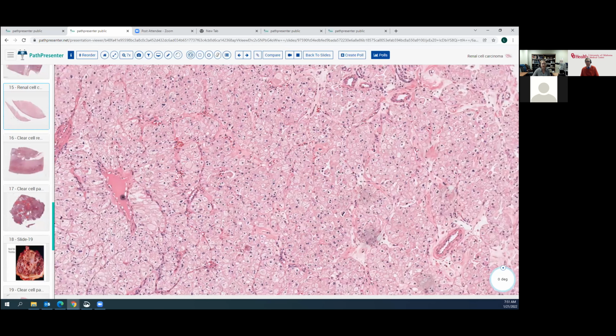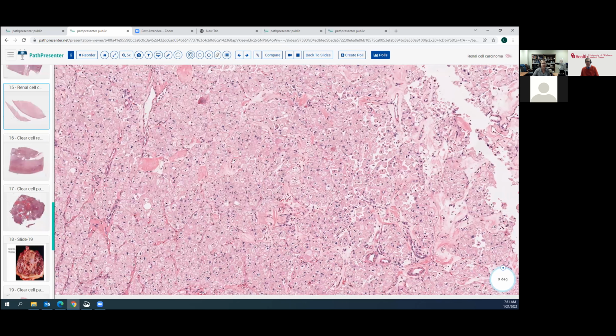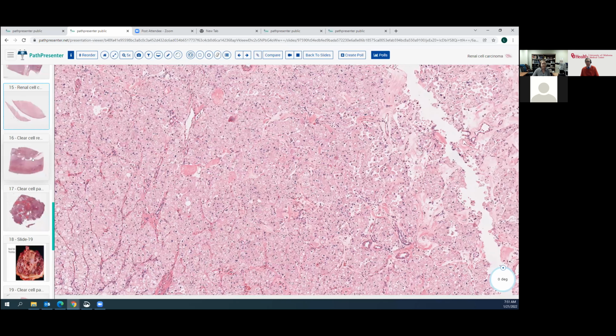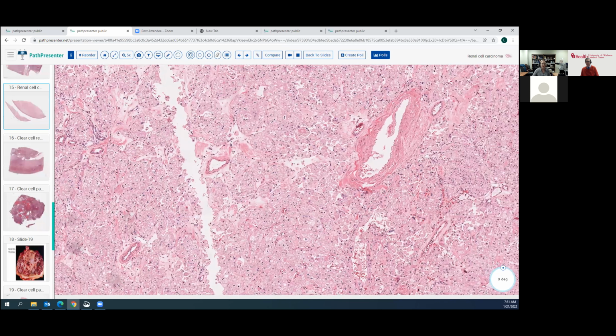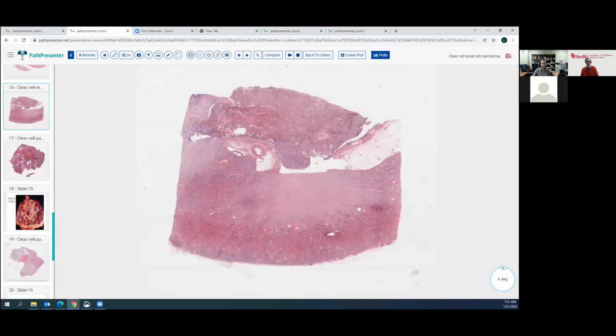There can be some binucleation, so just appreciate that and do your stains if there's any concern that this could be a chromophobe. We're running out of time, so I'll move on.